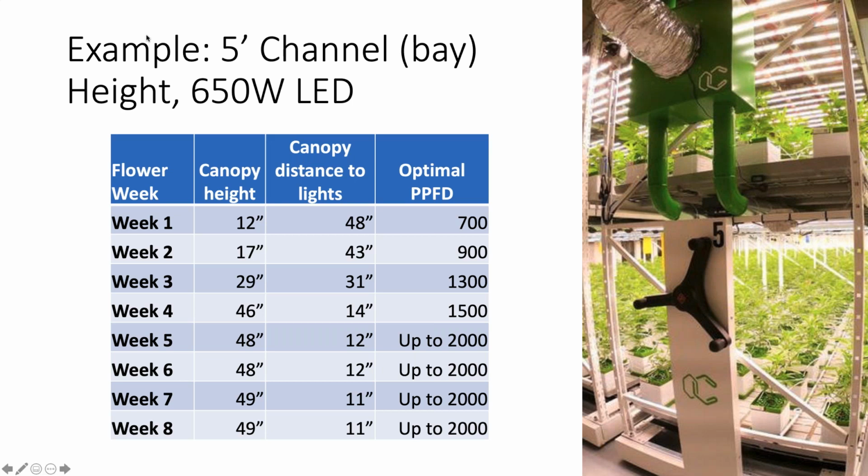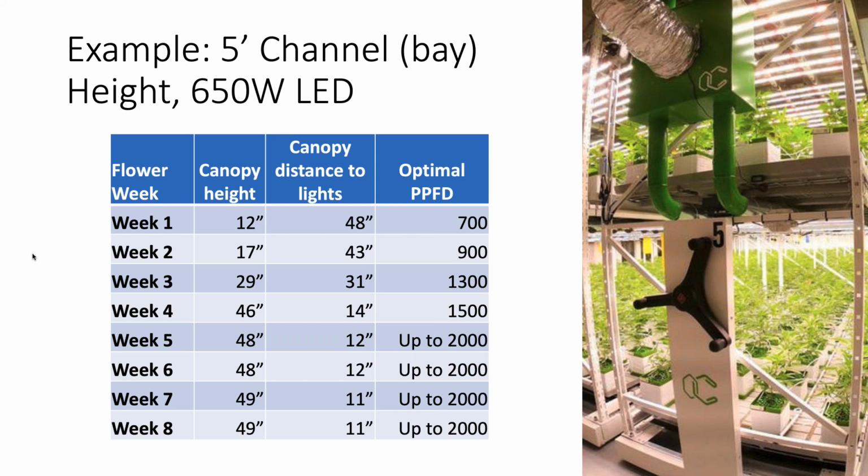On the table, the first column is the week of flower that we're in. The second column is the height that this particular strain reaches at the end of each of those weeks. The third column, canopy distance to lights, is just the distance between the top of the canopy and the lights. And the last column is the optimal PPFD given the stage of development of this plant.